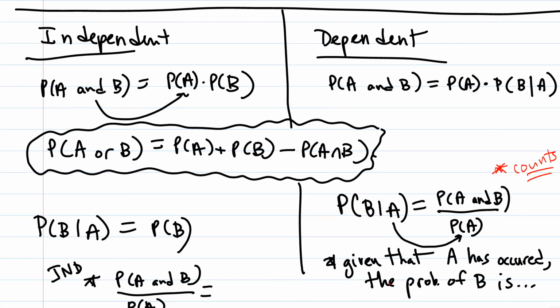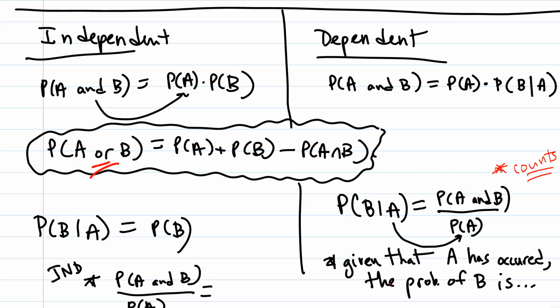When we have multiple events, the and we get by multiplying. That will either occur by taking the probabilities and multiplying them, or if it's dependent, the probability of A times the probability of B given A. We have a whole other section on this, but just make sure that you have these formulas for the test.